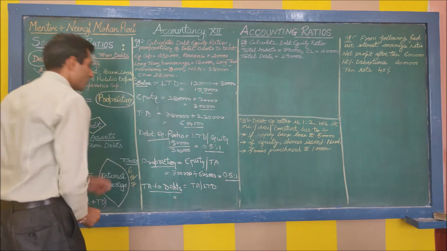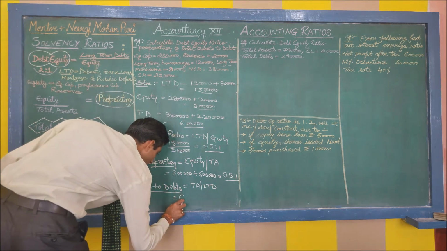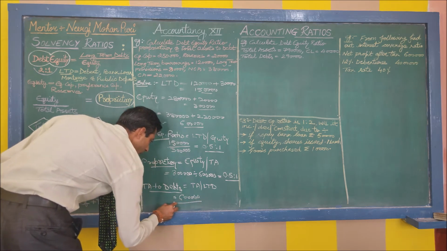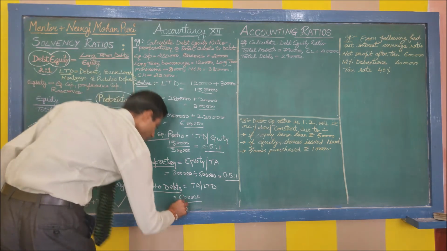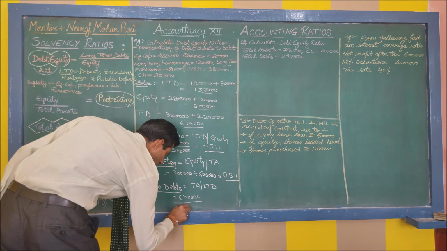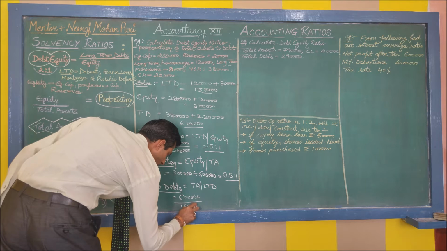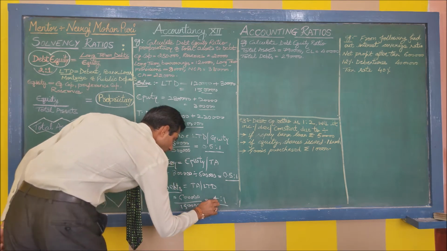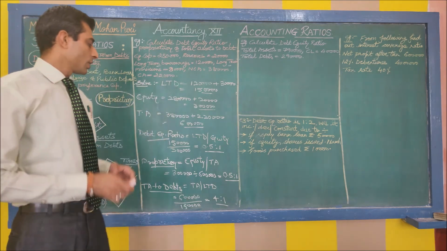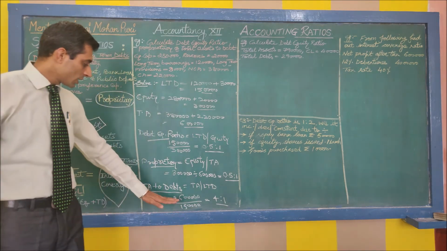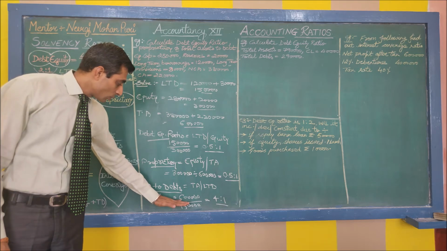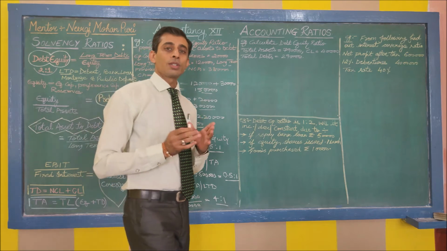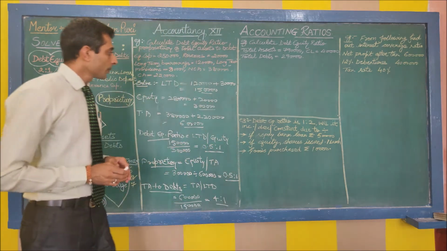Our total assets are equal to 6 lakh divided by long-term debts, it is 1,50,000. This gives us 4:1, which is again a satisfactory and good situation for the business, because the total assets are 4 times more than external funds or borrowed funds.